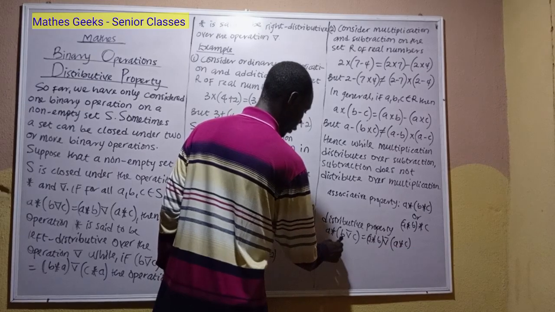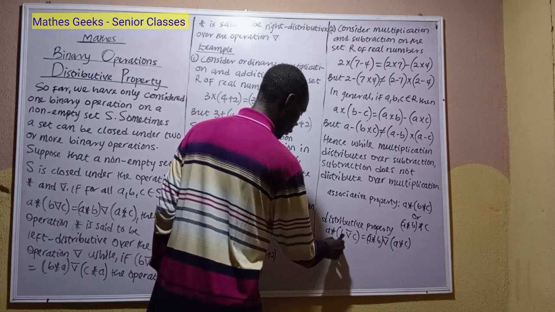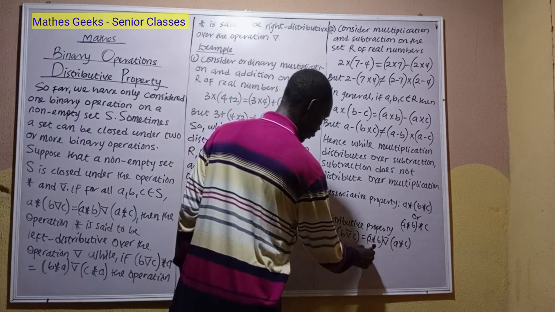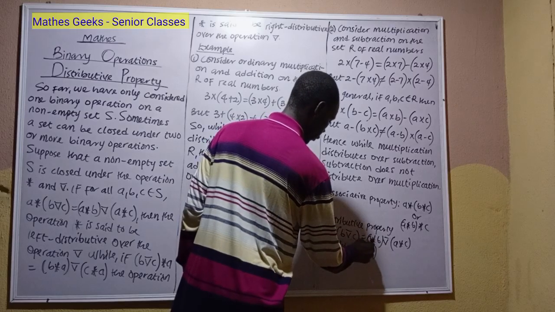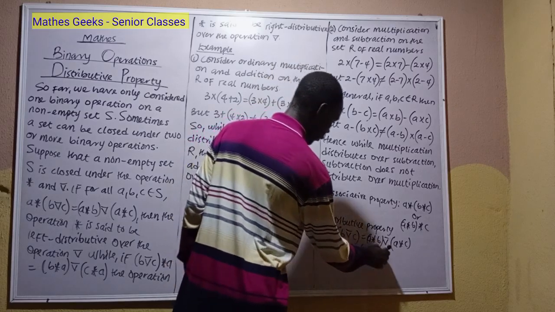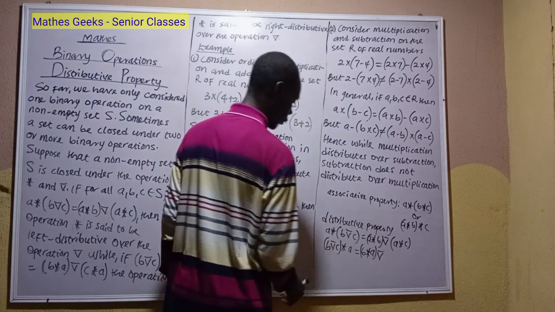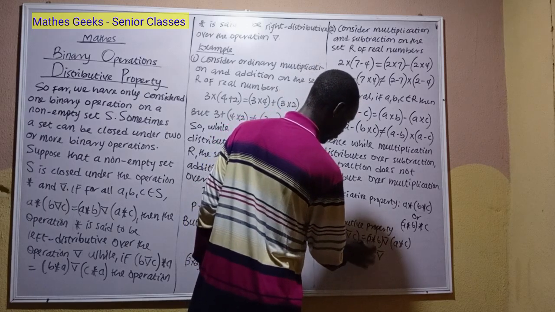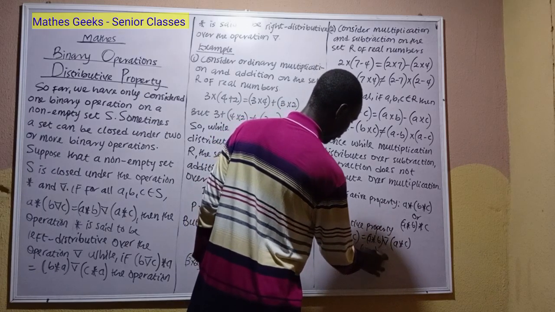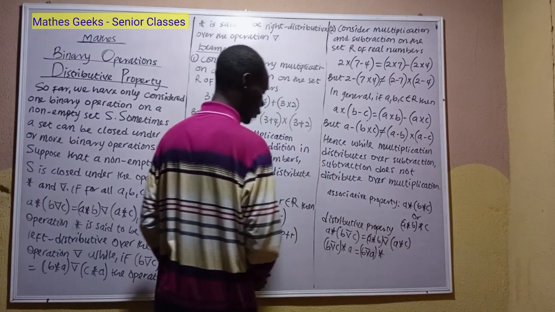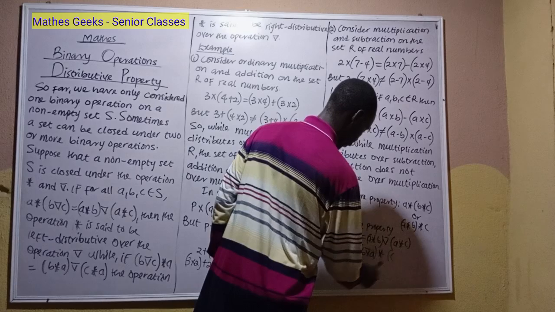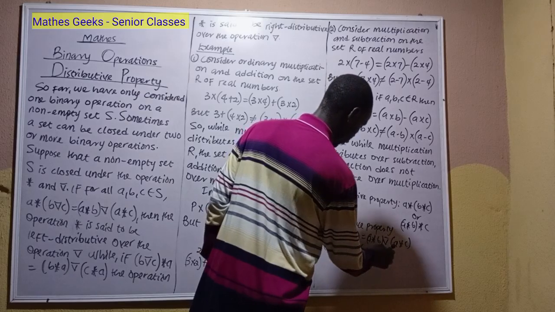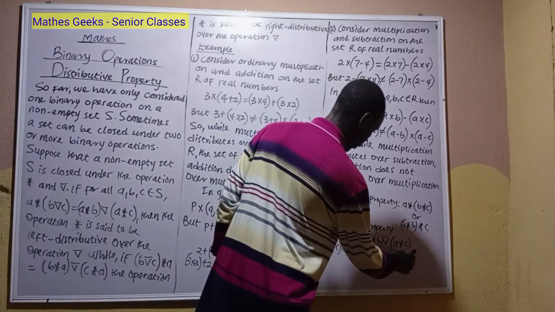Or you can say (B operation C) star A is equal to (B star A) operation (C star A).